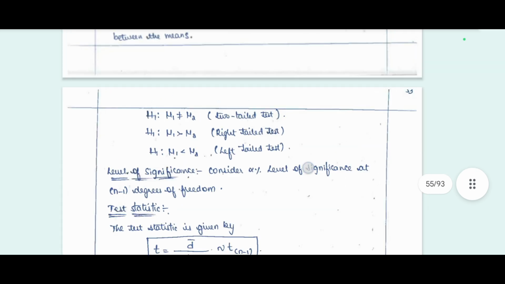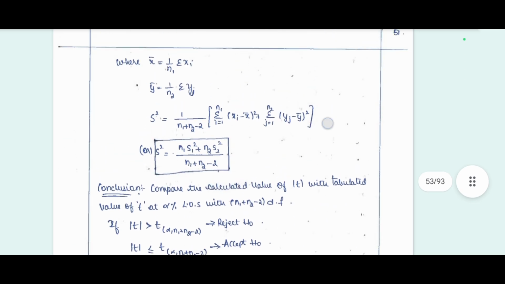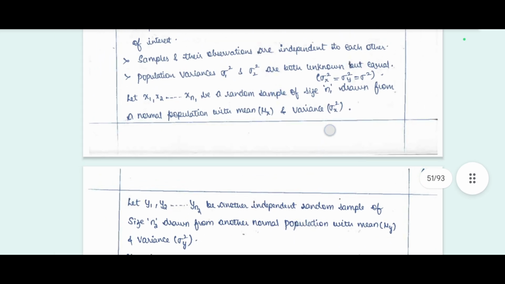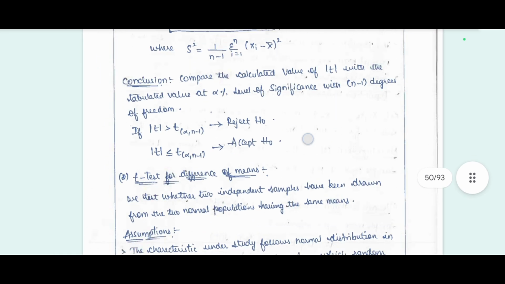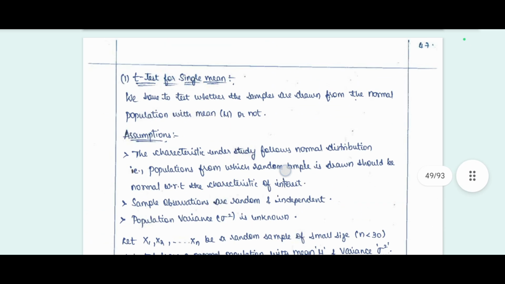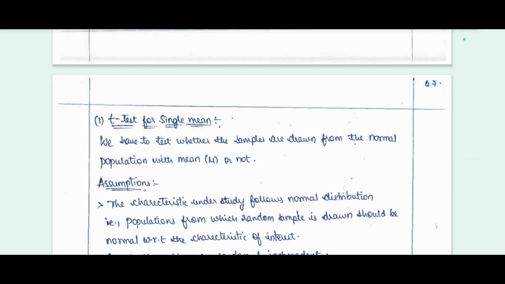What is the t-test for single mean? If you want to test a single mean for a small sample, then you can use this t-test for single mean.